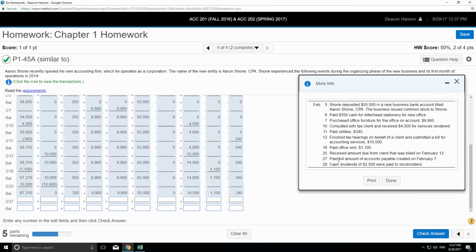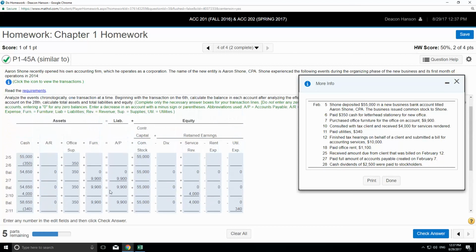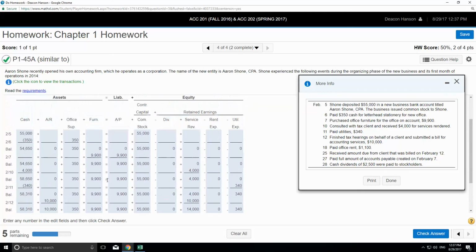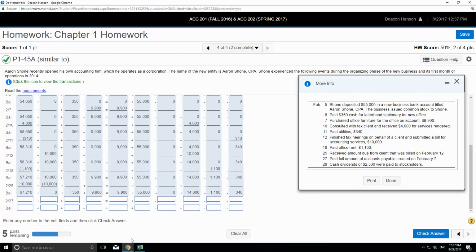227. Paid full amount of accounts payable created on February 7th. Well, yeah. Okay, what do we do? If the accounts payable is 9,900, minus, right? You're going to minus. But you might want to work in the order of the sentence, right? Paid means what? Take from our cash.